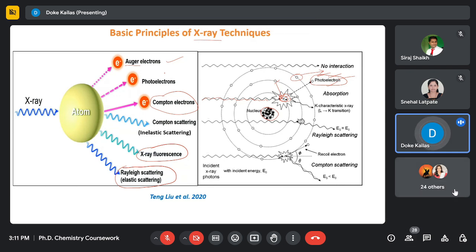So we can get in the spectra both photoelectron intensity and Auger electron intensity. So we should have a technique to identify which is photoelectron and which is Auger electron. So these are the basic principles behind X-ray photoelectron spectroscopy.